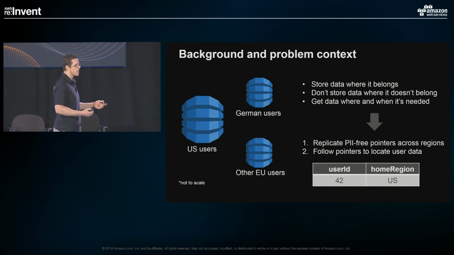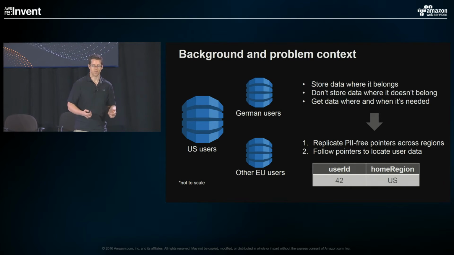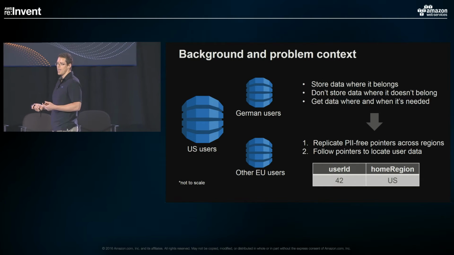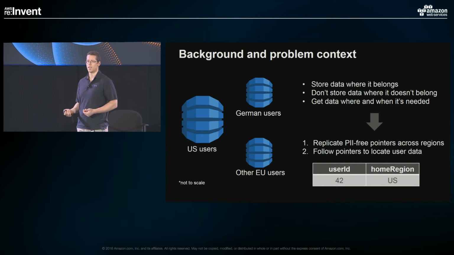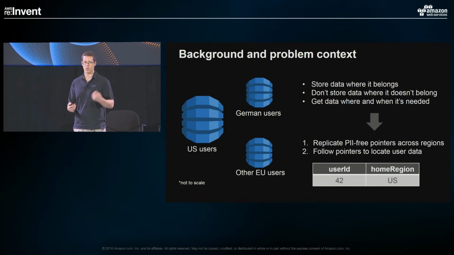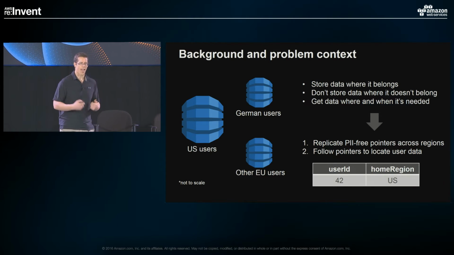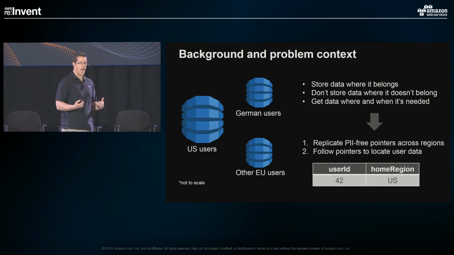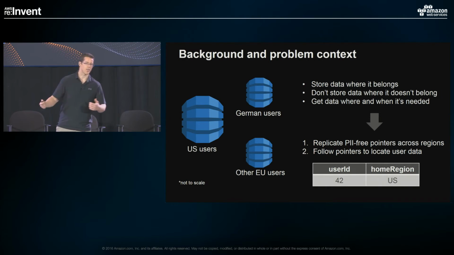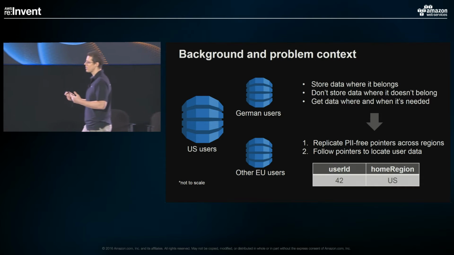So say US East 1 and EU West 1, just as an example. Those applications need to be able to get user data regardless of where it actually lives. So if the user data is stored in US East 1, and you're accessing it from the application in EU West 1, somehow that application needs to know to actually get the data from US East 1, right?